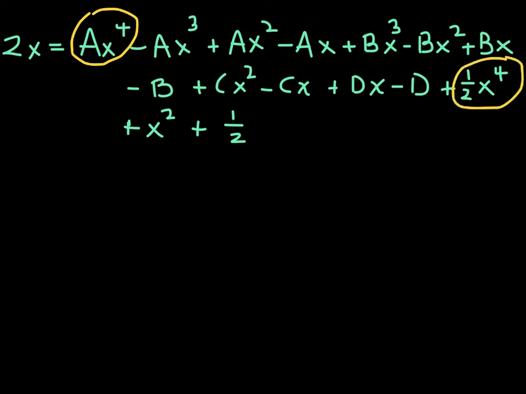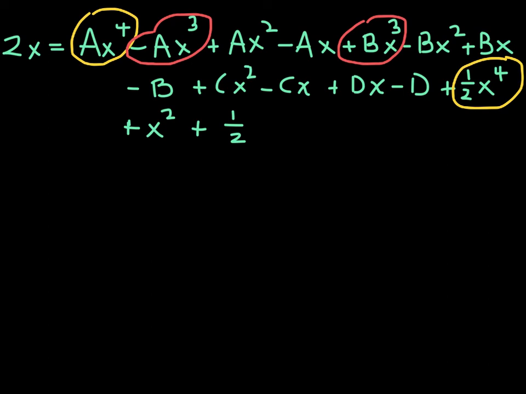So I want to group those together. I also want to group the cubic terms together. I'm going to use colors here. You got negative ax cubed. You got positive bx cubed. Is that it? Yes, it is. I want to group those together.